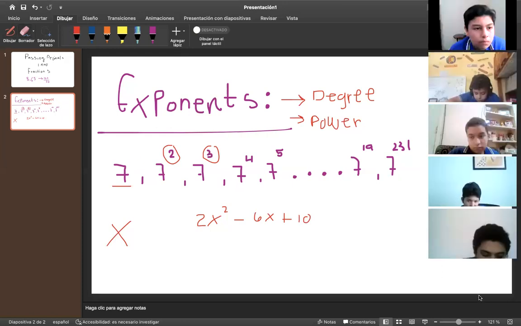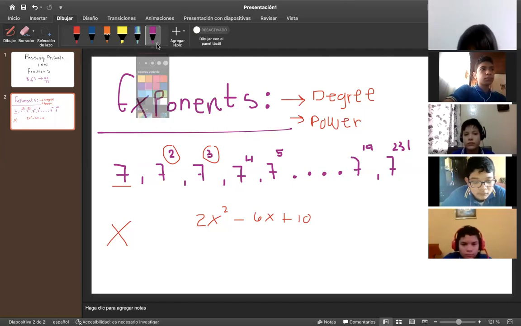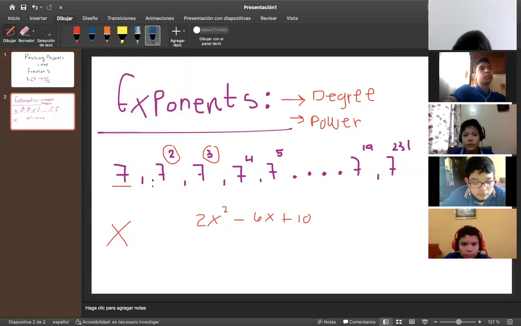We start writing the powers when we are at 2, 3, 4, and the other numbers. And for the number 2, guys, we have a special name.